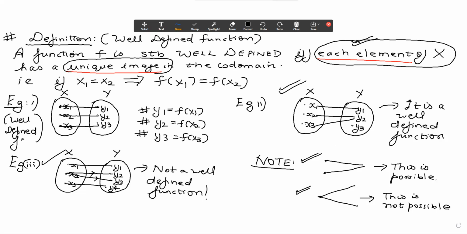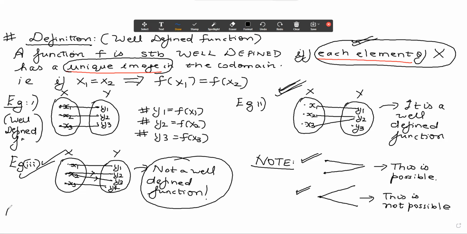That means every element in x should have exactly one image in y. Now, even if two x's are having the same image, that is fine. But one x should not have two images. Because if one x has two images, it is not a well-defined function.